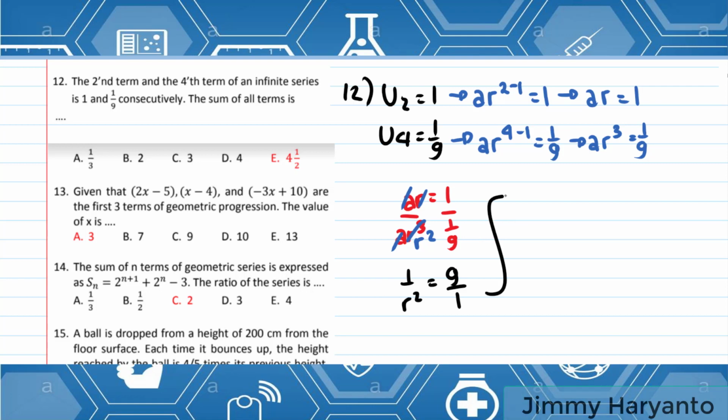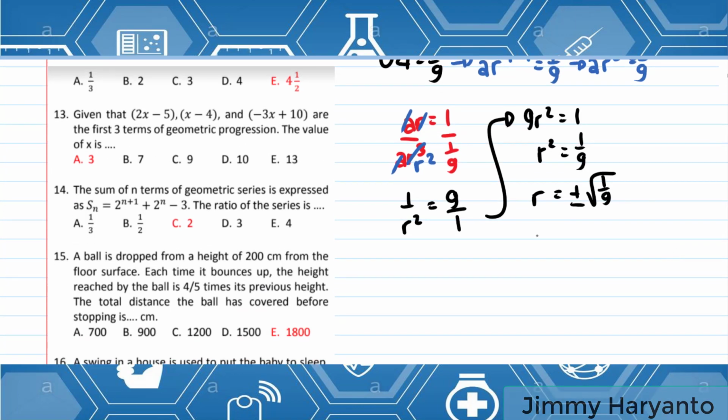We can cross out. So 9r squared equals 1. r squared equals 1/9. r will be the square root of 1/9. I told you earlier, if you have square root or even roots, you have to put plus minus in front of it. So I have r equals plus 1/3, and then I will have r equals negative 1/3.